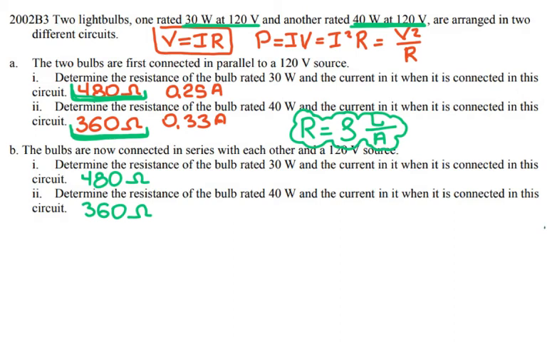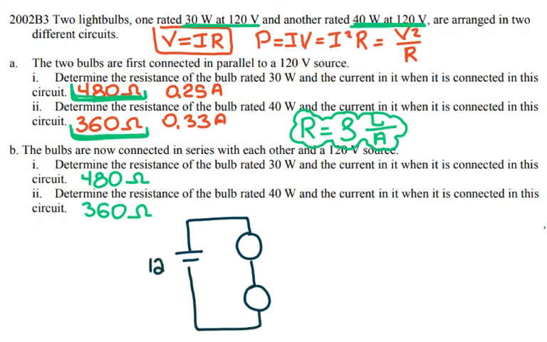But what does change is the current. Now in my circuit, I have the battery, and then one bulb connected after another bulb in series. So I have a 120 volt battery, and then this bulb is the 30 watt bulb, or 480 ohm, and this one is the 40 watt bulb, or 360 ohm.